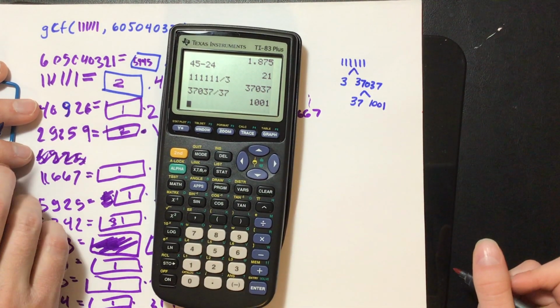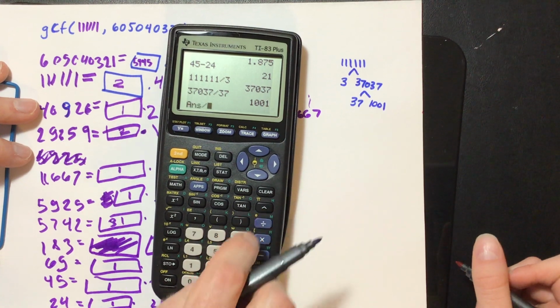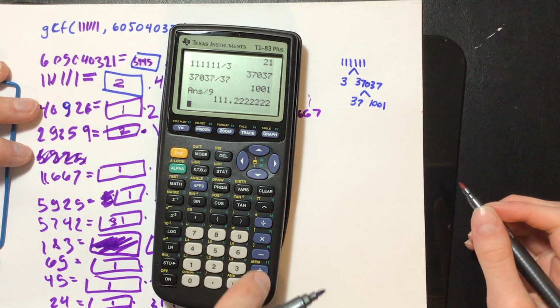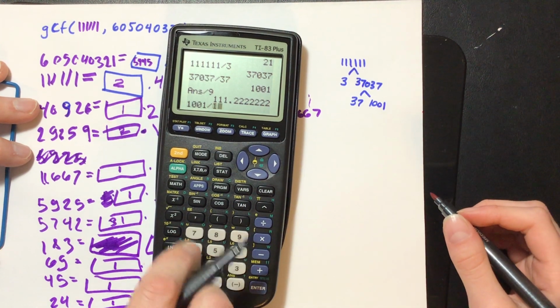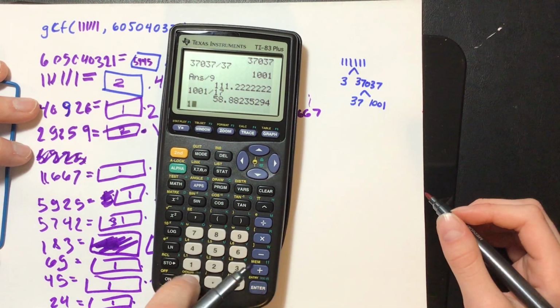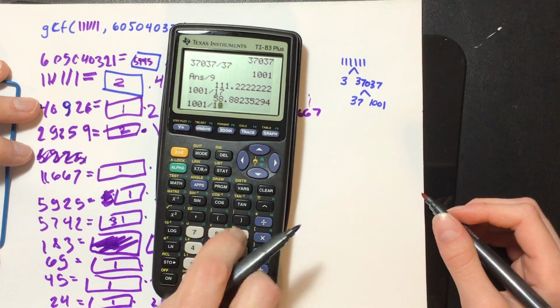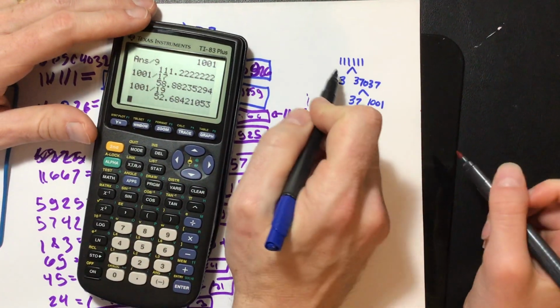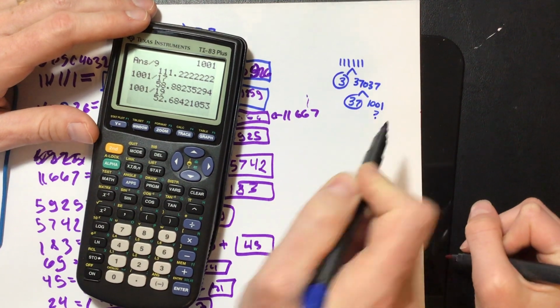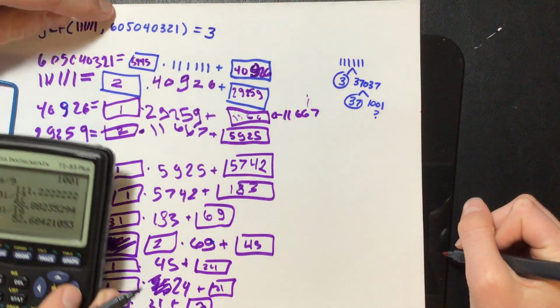I don't know if that number's prime or not. It's probably divisible by 9. Nope. 1001. Is it divisible by 17? No. Is it divisible by 19? No. See, this is going to take me a long time if I do that. So I know that's prime. I don't know about that one. And this number is even bigger.